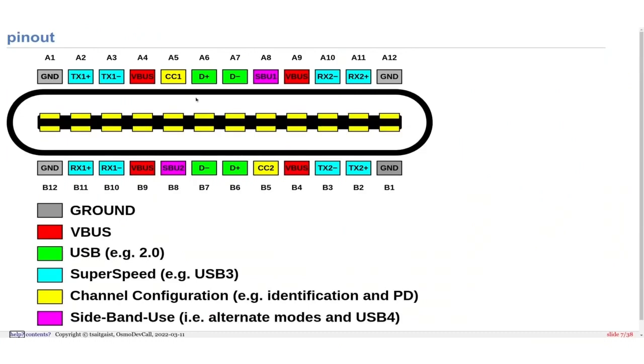Then we have in the center, in green, the D+, D- USB 2 lines. And you can also see that they are reversible, because if you just rotate it by 180 degrees, D- still becomes D-. From B7, it goes to A7. Same for the CC lines. We'll come to what CC lines are. So the configuration channel.